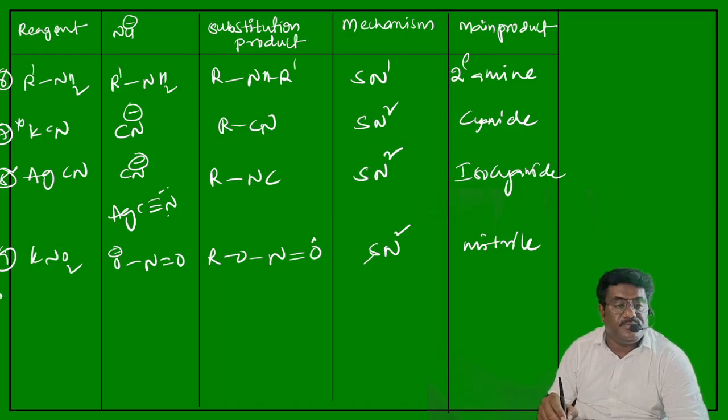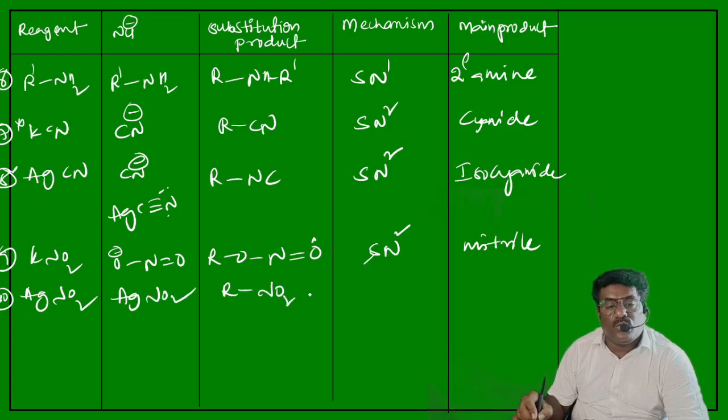Next one, AgNO2. It gives RNO2. It undergoes SN2, which means nitroalkane. It gives nitroalkane.